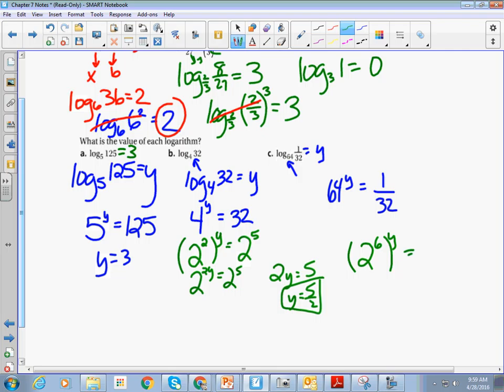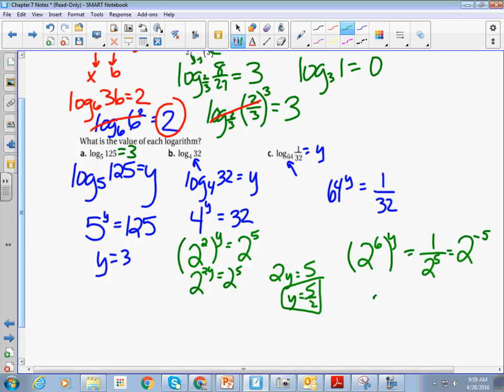1 over 32 is the same as 1 over 2 to the 5th. This is also equal to 2 to the negative 5. Remember, when I apply a negative in the exponent, it doesn't mean that my value is negative. It means that I have a fraction. So we're working our way backward. 1 over 2 to the 5th is 2 to the negative 5th.